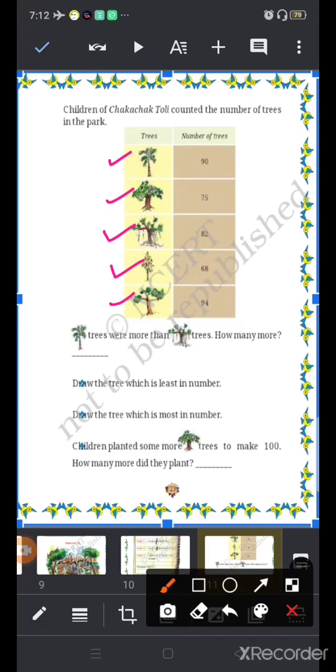What is the first question? These trees were more than these trees. Okay. So you will tell how many more. How many more? So how will you find?